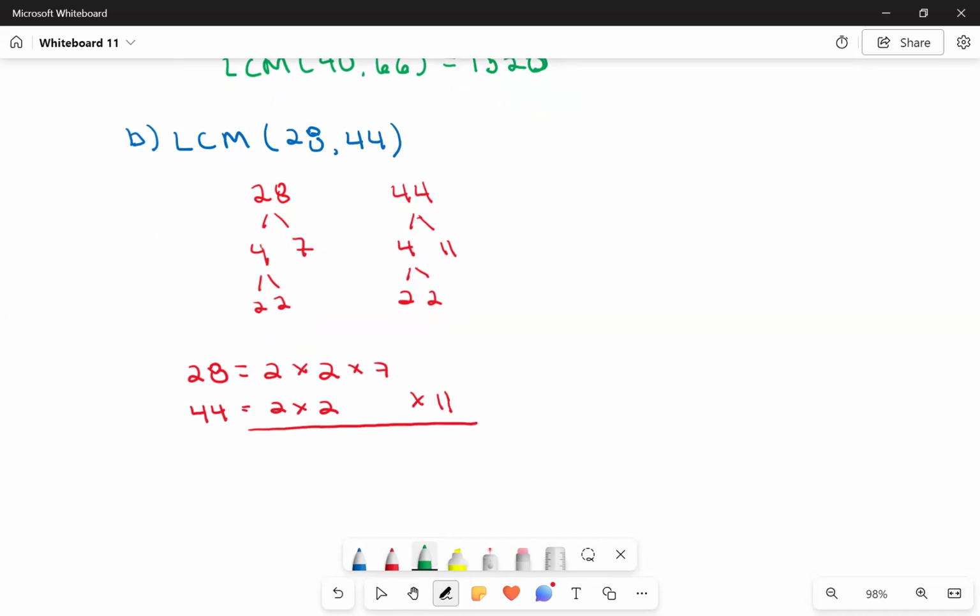So I am getting 2 times 2 times 7 times 11, which I actually don't know off the top of my head. So let me grab my calculator and we're going to plug it in. I'm getting 308. And there you go. That's how we find the least common multiple.